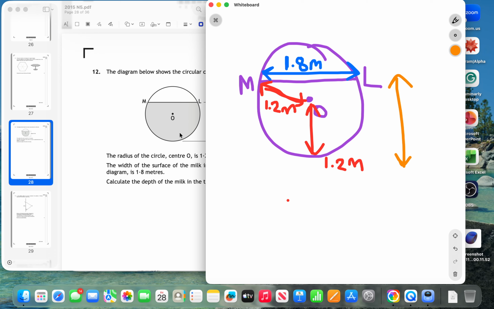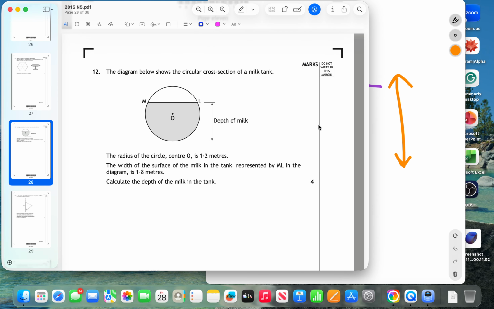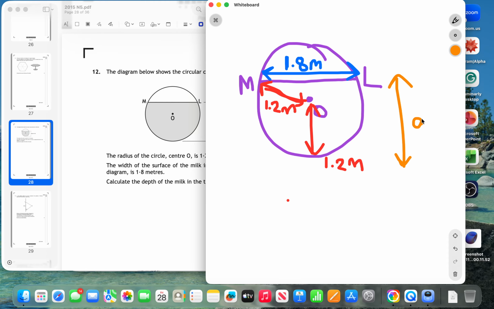So it's this, and we will call the depth D. Now you see that the depth is made up of this 1.2, and we're going to mark this in green, and we've got this distance.